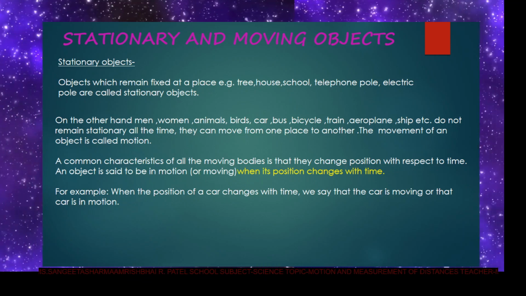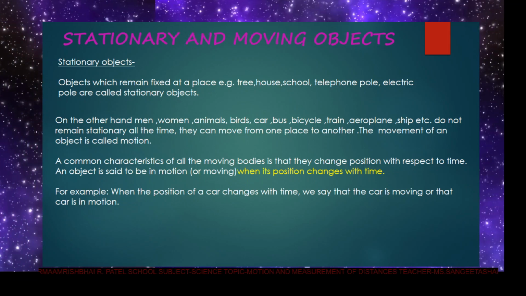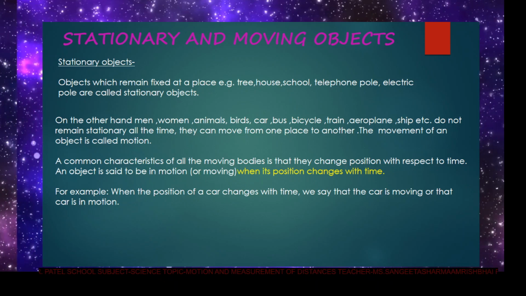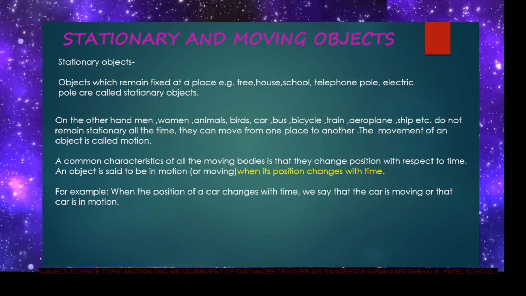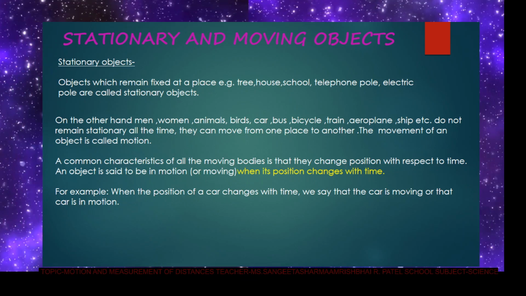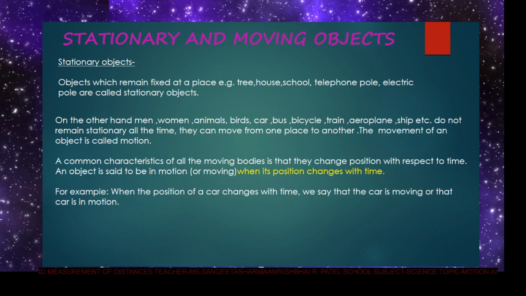So we can conclude that one common characteristic in all moving objects, in all moving bodies, is that they change position with respect to time. An object is said to be in motion, or moving, when its position changes with time.